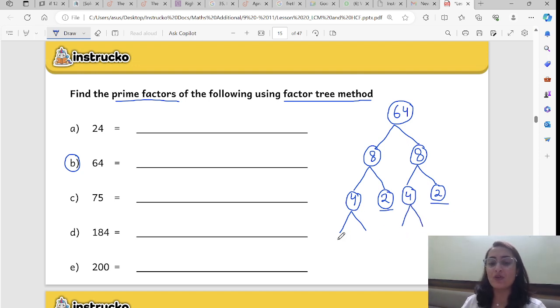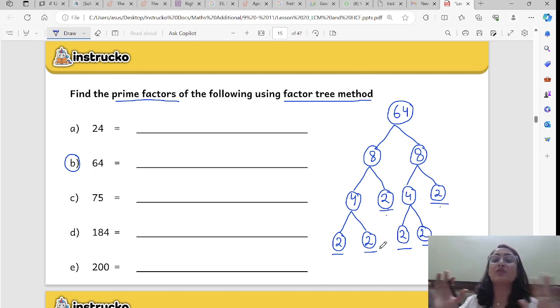So 4 is broken down into 2 and 2, and this 4 will also be broken down into 2 and 2. Now let's quickly count the number of 2s that we have obtained, because these are the prime factors of 64. See, 1, 2, 3, 4, 5, 6.